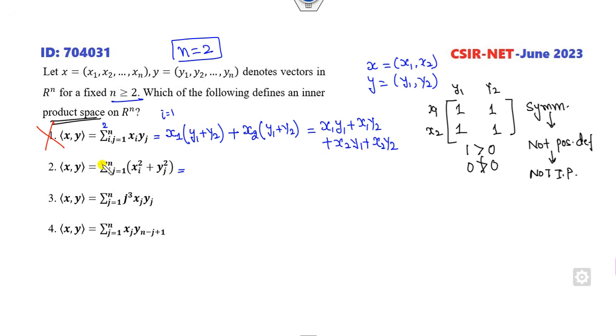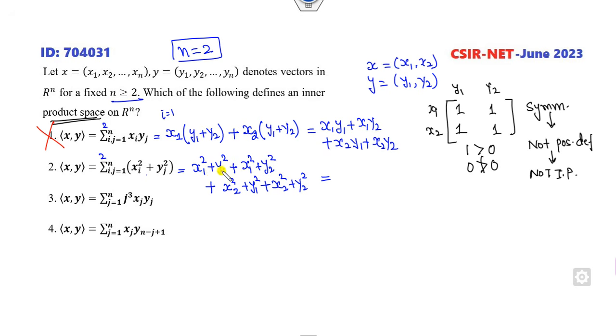Look at this one. I can fix i as 1, so it is x1 square plus y1 square plus x1 square plus y2 square, plus I can fix i as 2, then it will be y1 square plus x2 square plus y2 square. So what is that?